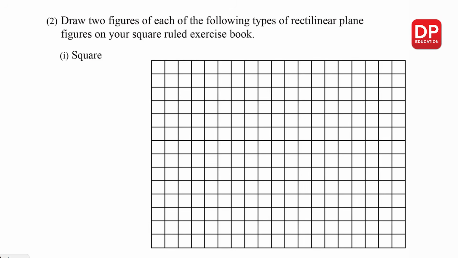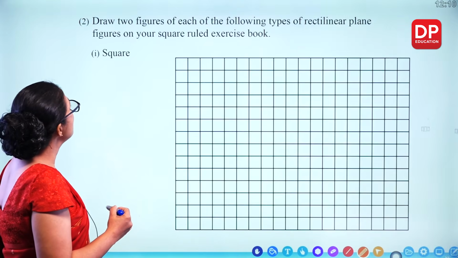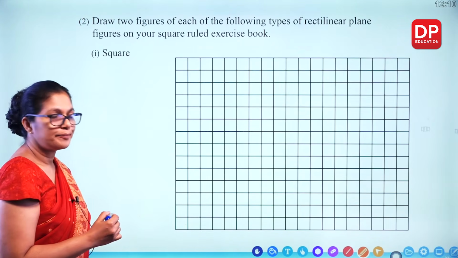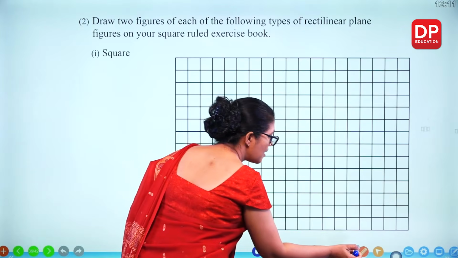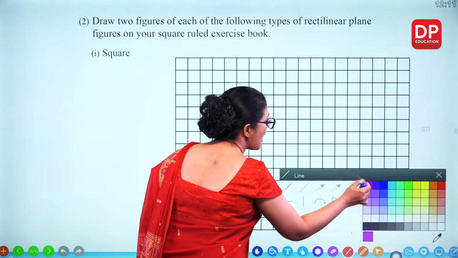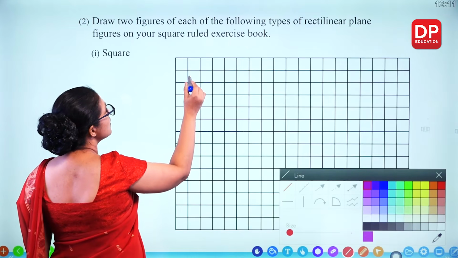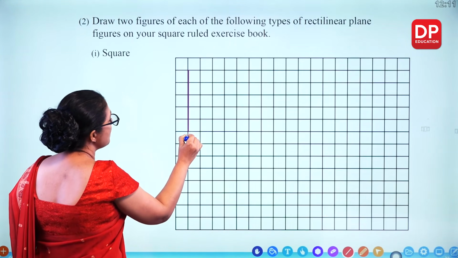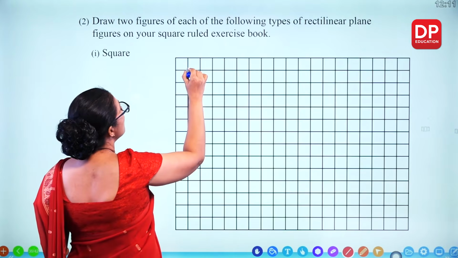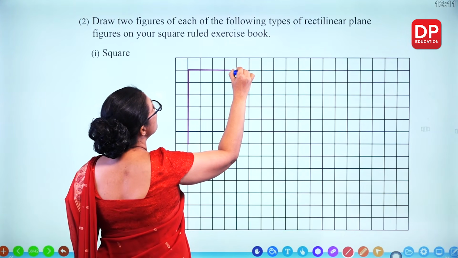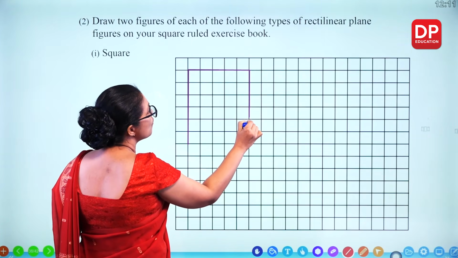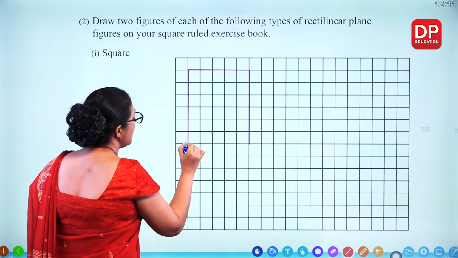Draw two figures of each of the following types of rectilinear plane figures on your square ruled exercise book. Square. So square means all sides are equal. So we can draw 1, 2, 3, 4, 5, 6, and 6.